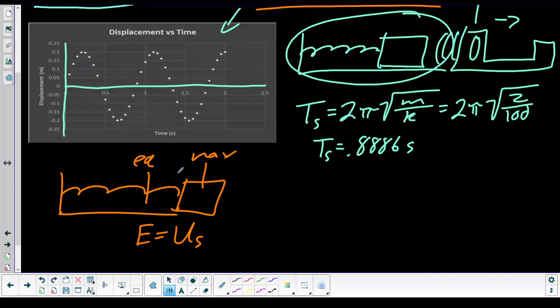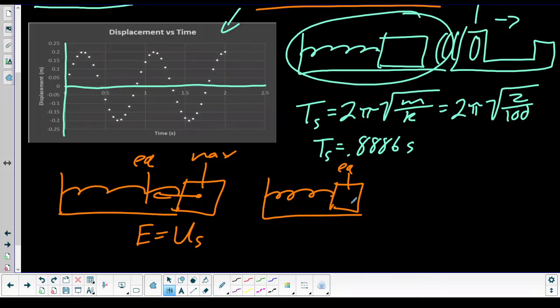Once it comes back, once the spring pulls this back towards equilibrium, it passes equilibrium. Here, the force is 0. And we've converted our potential energy into another type of energy. That type of energy here, once our box is at equilibrium, the energy here is kinetic.